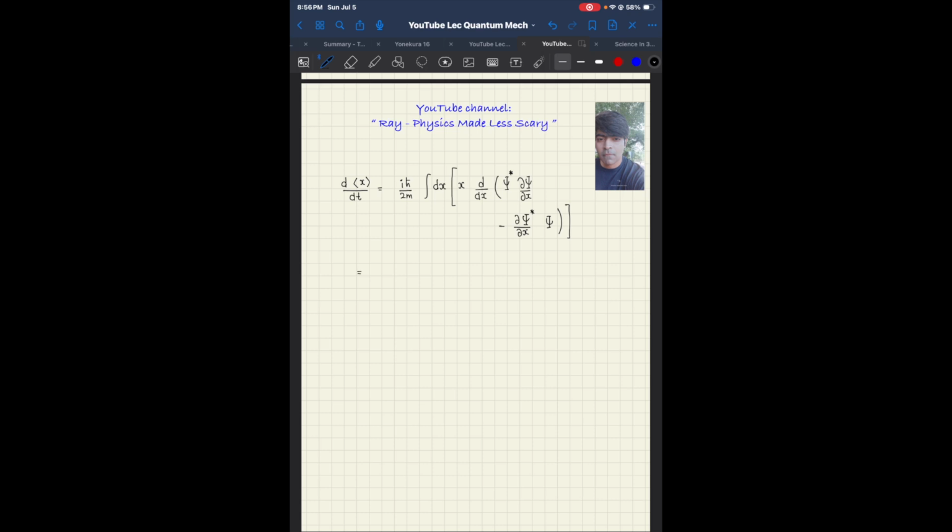So this is minus plus, sorry, i h cut by 2m, how do I want to write this? Say x psi star del psi/del x minus x del psi star/del x psi. This is evaluated at the boundary.